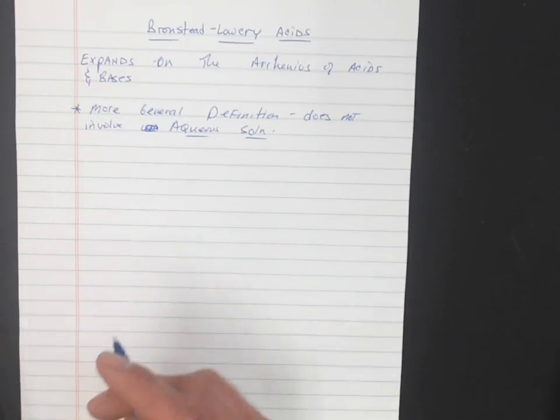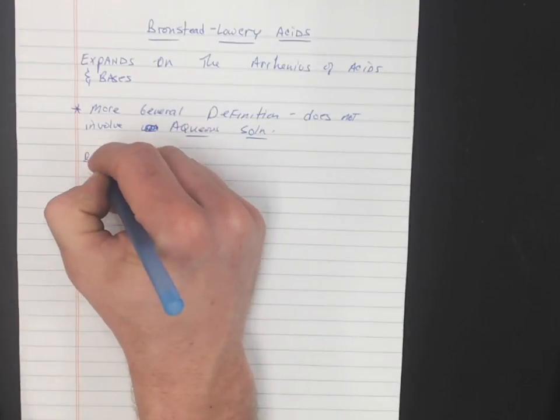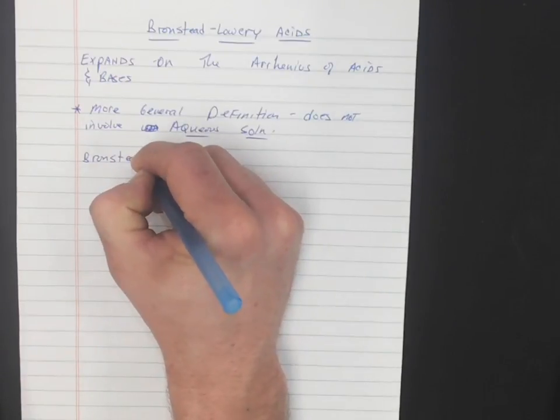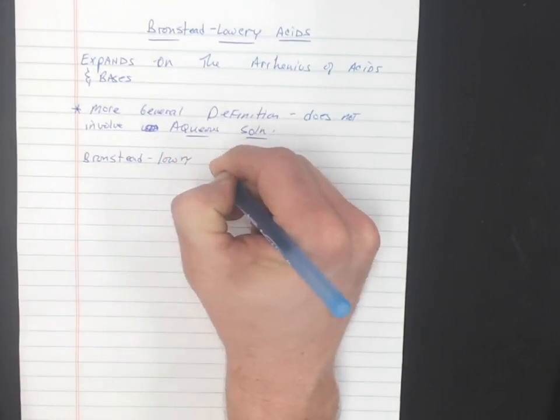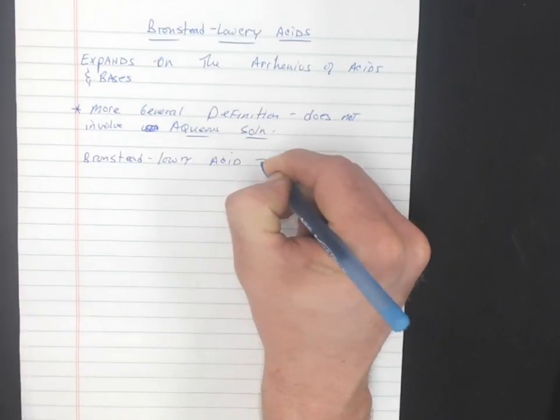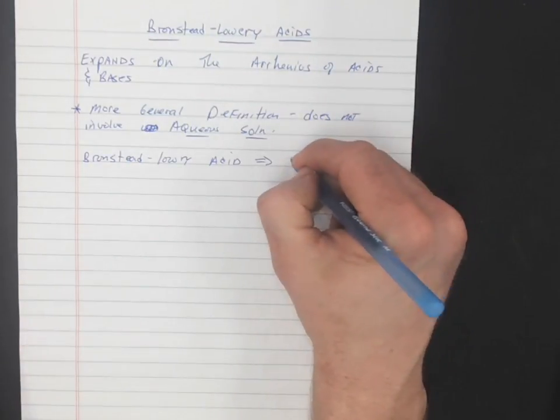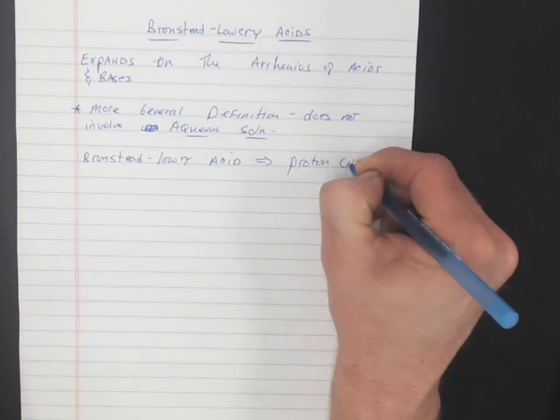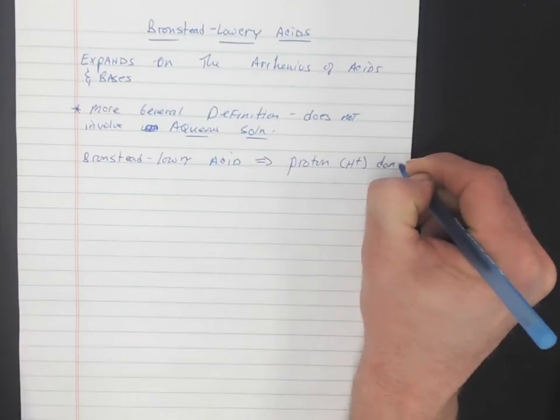By definition, a Bronsted-Lowry acid, does anyone from your reading remember it? It is a proton, which we know as H plus, donor.